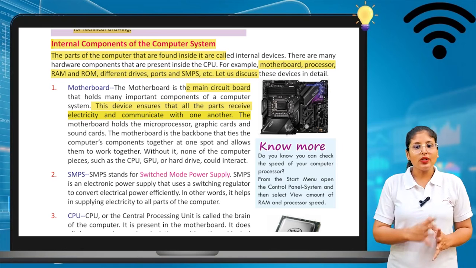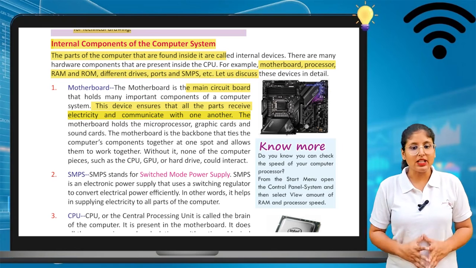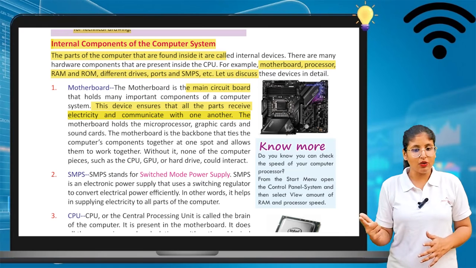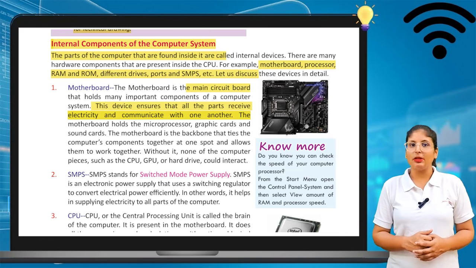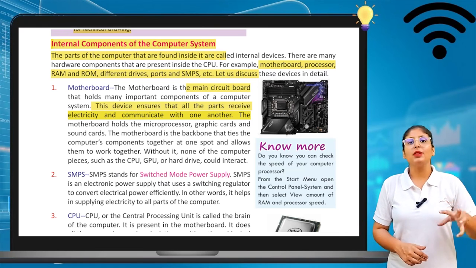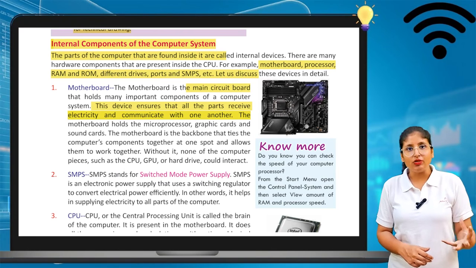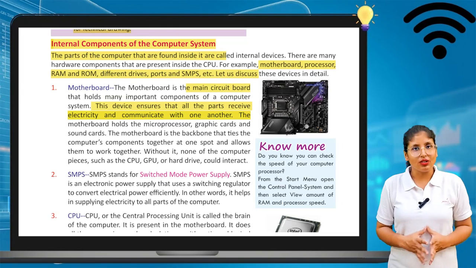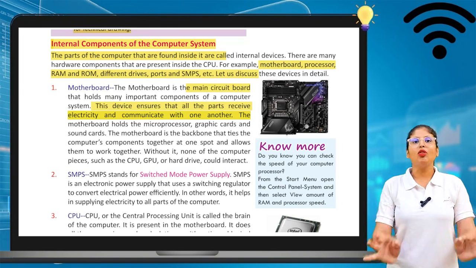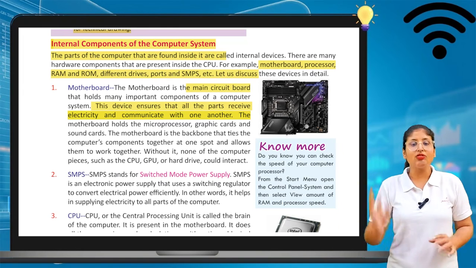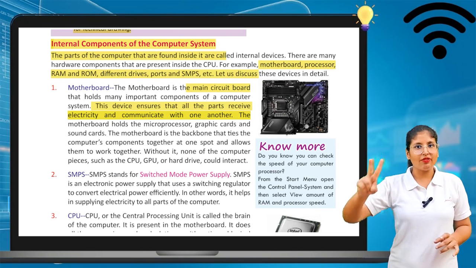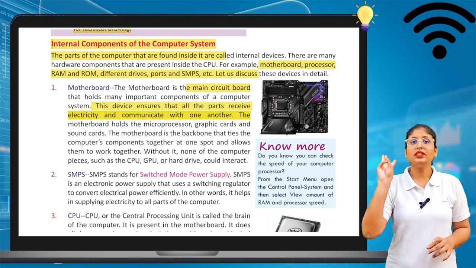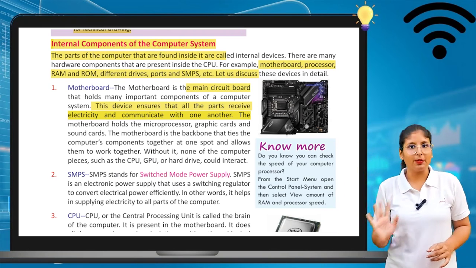Without it, none of the component pieces such as CPU, GPU and hard drive would be able to interact. So the motherboard helps all the parts interact and ensures they get electricity, and it holds three things: microprocessor, graphic card and sound card.